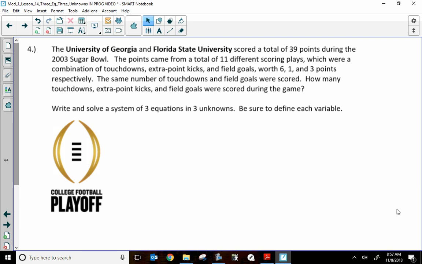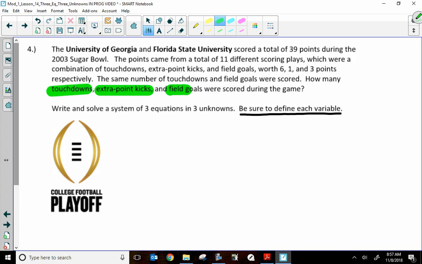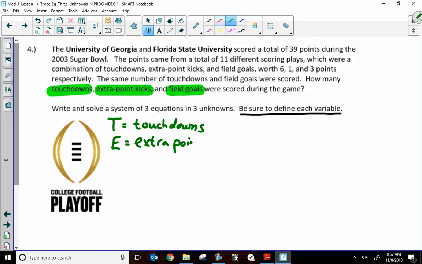So the first thing I'm going to do is I want to be sure to know what I need to solve for. Well, touchdowns, extra point kicks, and field goals. Okay? So, let T equal touchdowns. Let E equal my extra points.